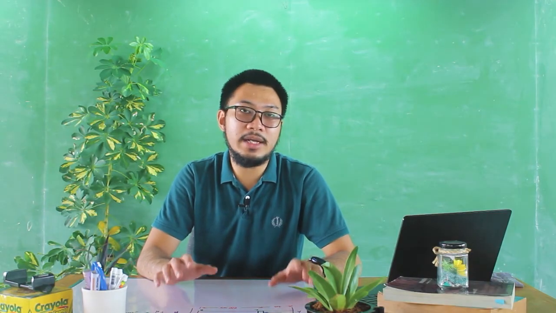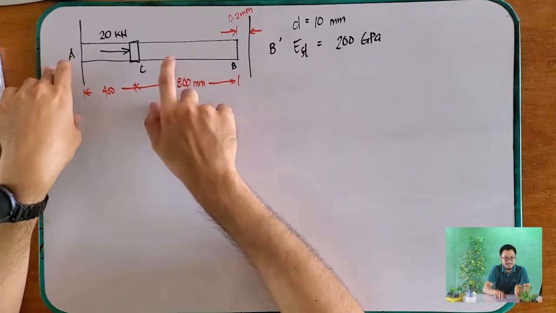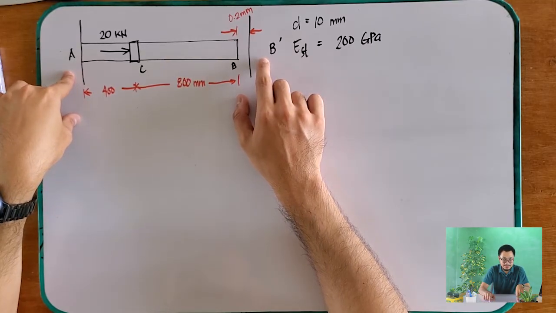Okay? So, sa equilibrium equations nga atong nahibawaan, which one ang magamit lang aning situation? Can we use summation of forces along the x? Yes, we can. Because we have forces that are oriented on the x-axis. Can we use summation of forces along the y? No, we can't. Why?